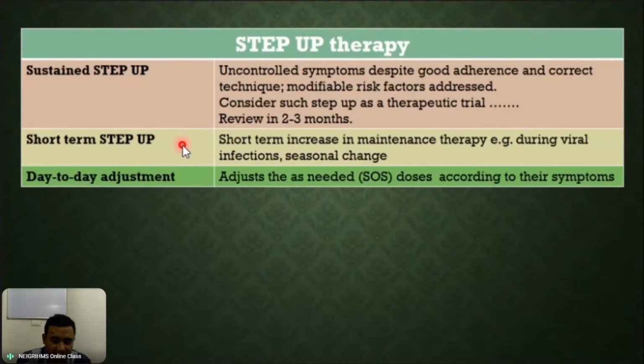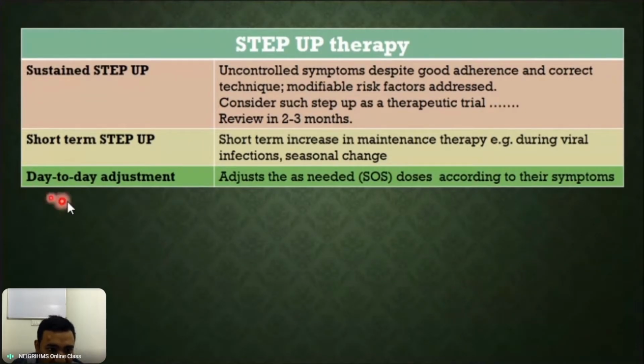So during this particular period when there's a change in season, yes, your patient may develop symptoms. So in that time, you can always tell them that yes, you can either increase the dose or you can just increase the frequency. Say he's been taking his ICS LABA once a day only. Tell him, okay, now you can take it twice a day for a week, see how it is. Once you've improved, then you go back to your once a day dosing, that kind of thing.